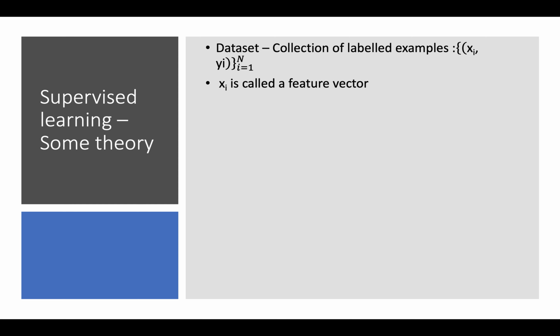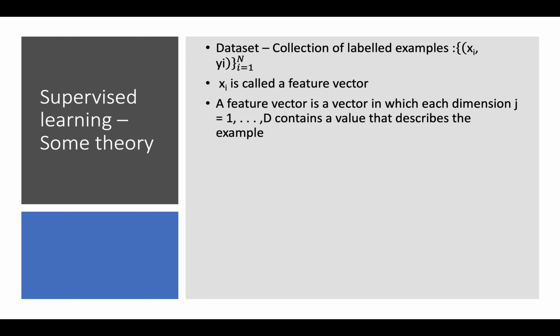And each element xi among n is called a feature vector. And a feature vector is a vector in which each dimension j from 1 to d contains a value that describes the example somehow. And that value is called a feature and is denoted as xj.